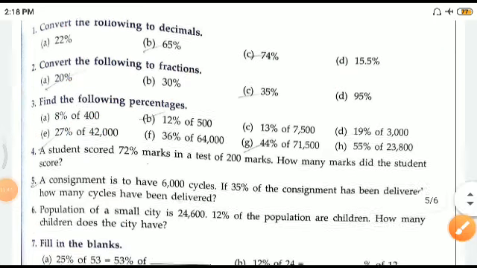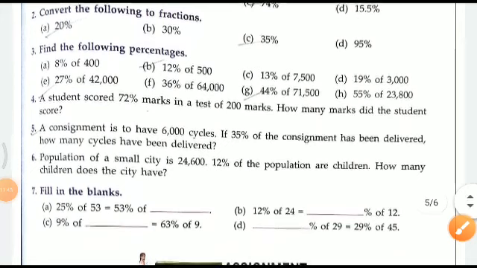Okay. So let me take one more question, right? Now see the sixth one. Let me take the fifth one. A consignment is to have 6,000 cycles. If 35% of the consignment has been delivered, how many cycles have been delivered?